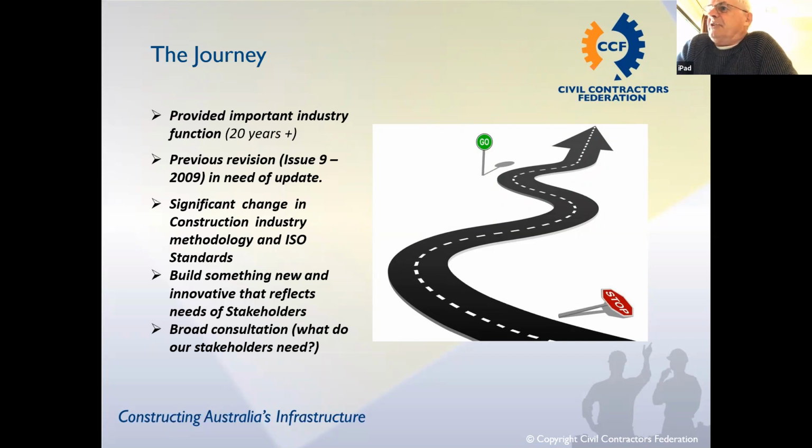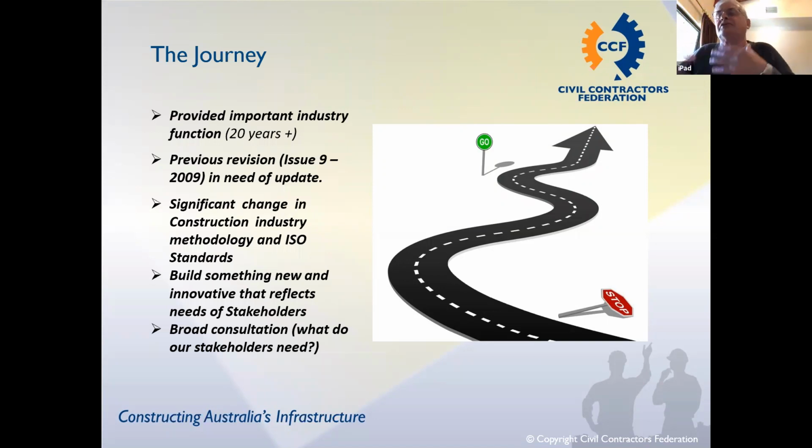As it says there, significant change in the construction industry methodology and ISO standards. We've now gone out of prescriptive processes. We're more going into what we call no procedures, but more of process control and risk management. You can see you can build something new and innovative that reflects the needs of stakeholders.